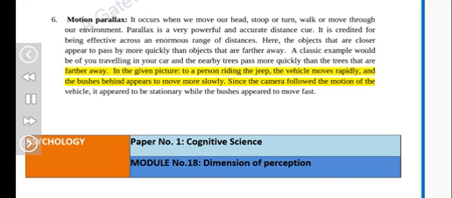In the given picture, to a person riding the Jeep, the vehicle moves rapidly, and the bushes behind appear to move more slowly.